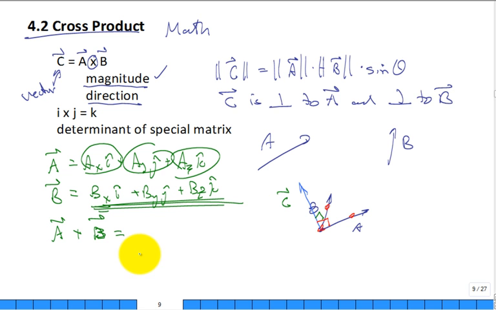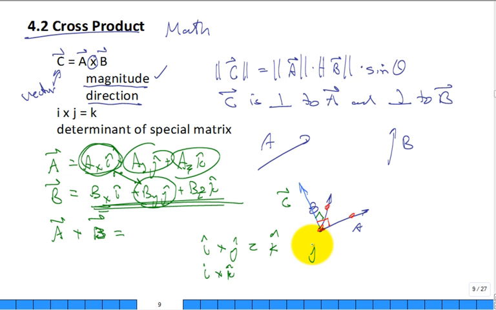And then you go through this, you say, let's say when I do just this component, I really have the magnitude A x times the magnitude B y, but I have this i cross j. What is that? Use the right-hand rule. In the i direction, curl the fingers to the j. Where's the thumb pointing? k. And you need to play that, and then I'm going to do i cross k.